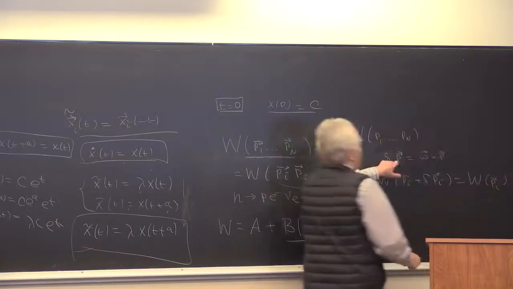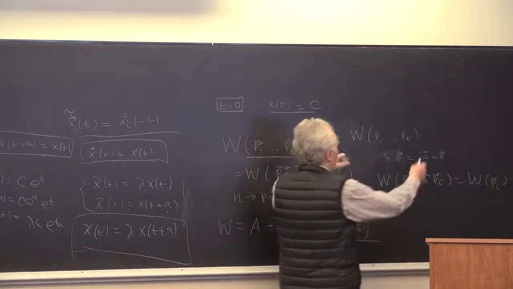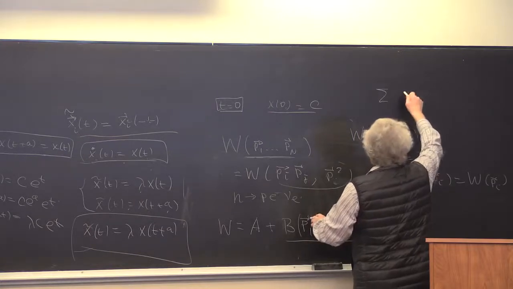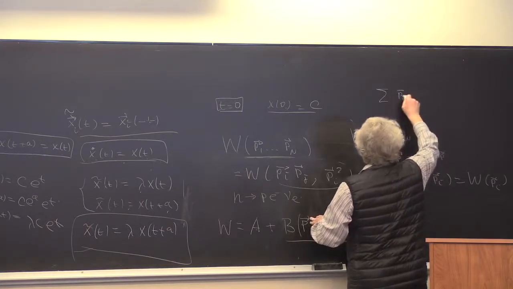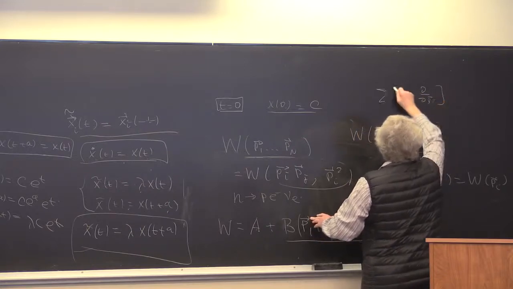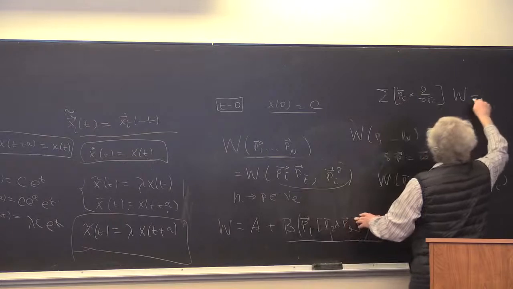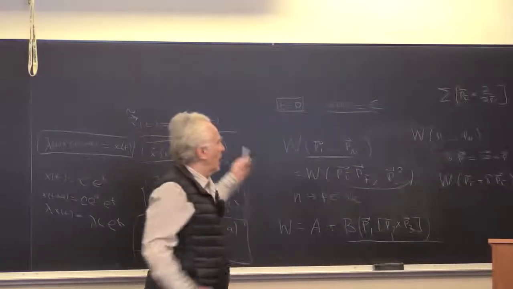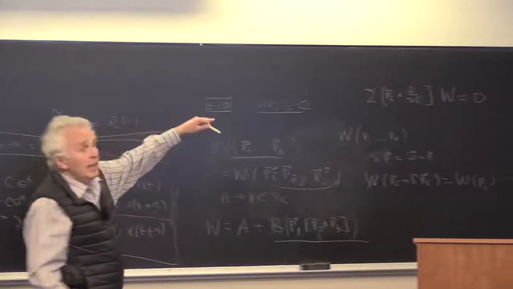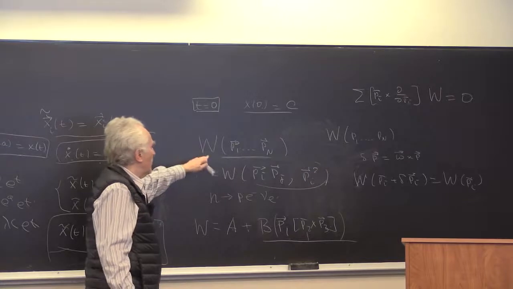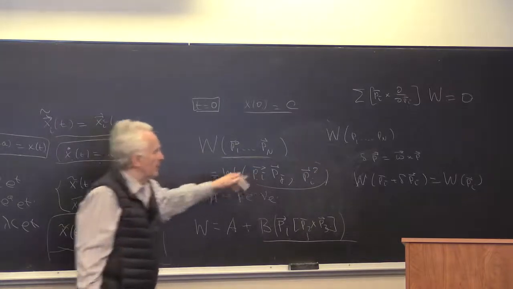Delta pi is the infinitesimal variation of these. And so I get the equation that sum pi d pi W is equal to 0. And then you can solve this equation and prove that this is the only solution.